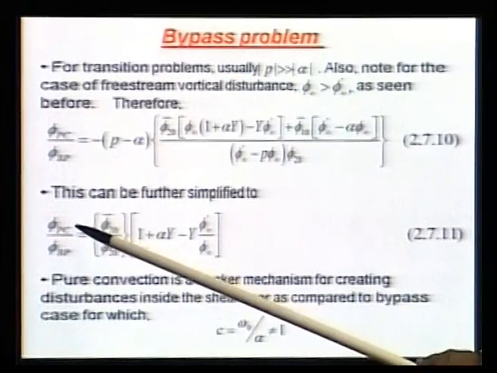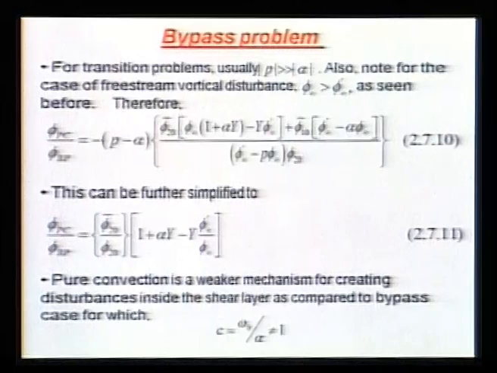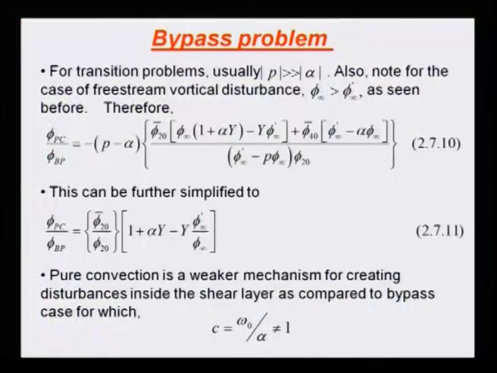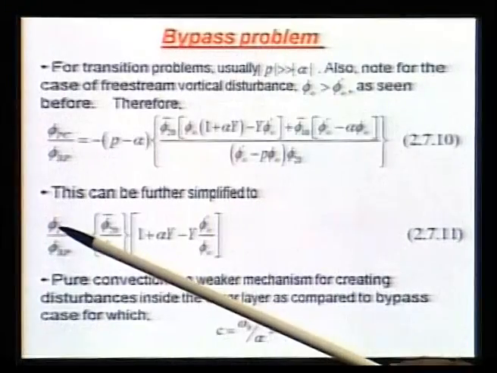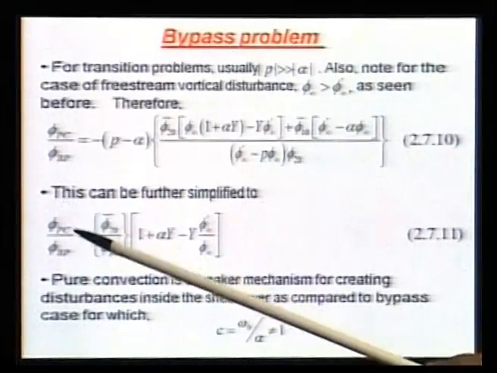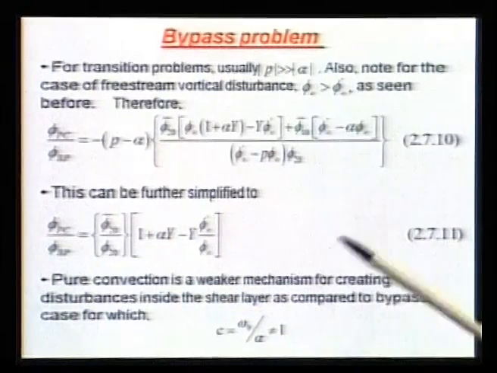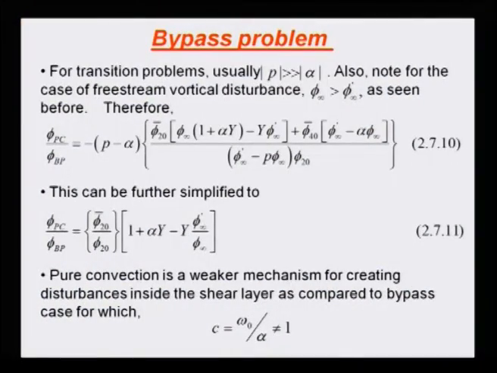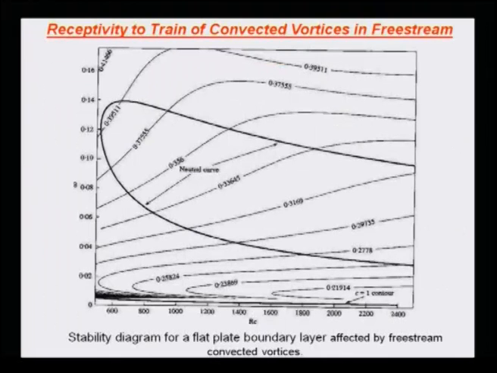So what you notice is that these two are essentially events occurring depending on whether you are looking at an inviscid vortex in the free stream or a viscous vortex. That's what phi PC and phi BP stand for. This corresponds to the inviscid vortex, and this corresponds to the viscous. One notes that the inviscid vortex actually plays a lesser role, and we can see that very clearly, because your inviscid vortex corresponds to c equal to 1.